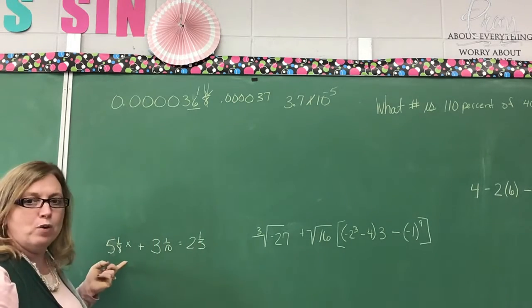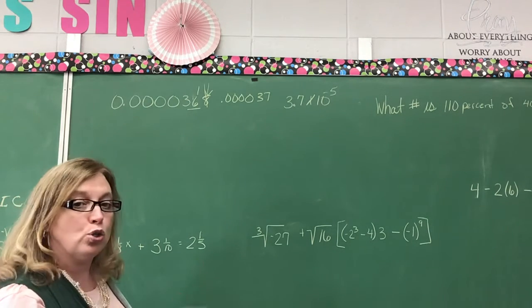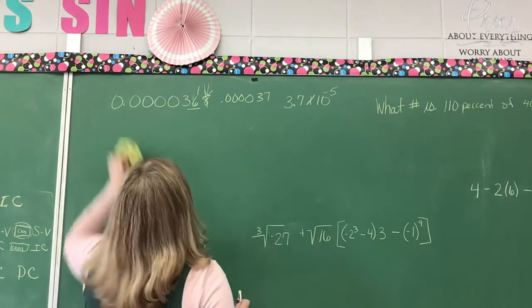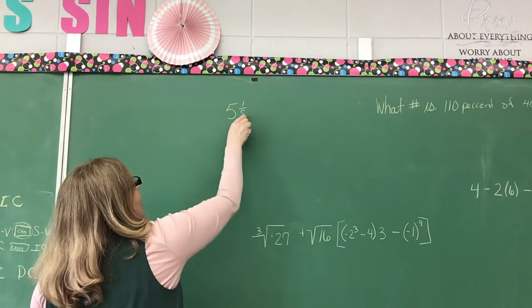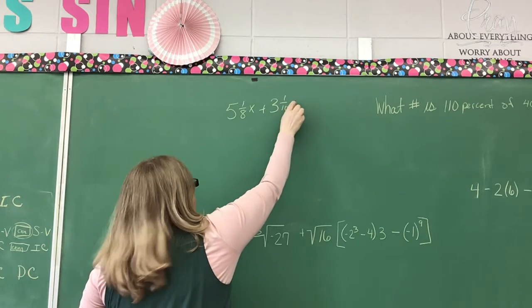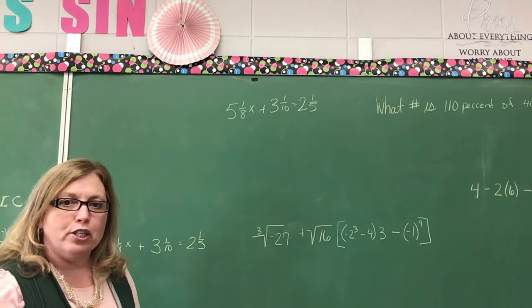Now, we have this equation. We have 5 1/8 x plus 3 1/10 equals 2 1/5. I'm actually going to write it over here. I think you can see it a little better. So if I have 5 1/8 x plus 3 1/10 equals 2 1/5, what do I do?